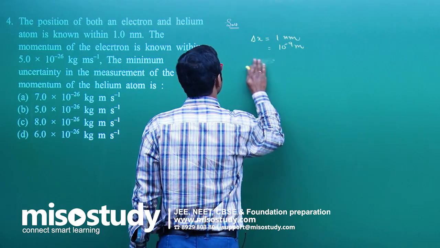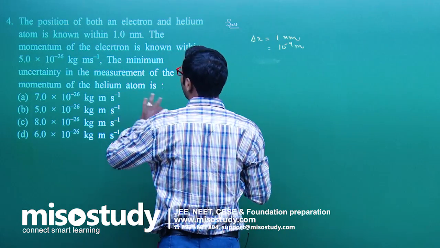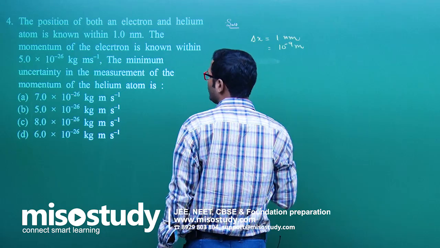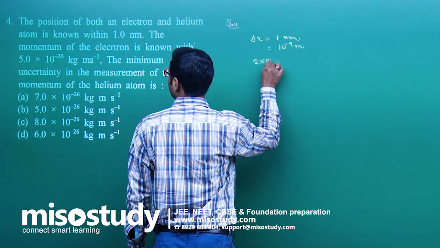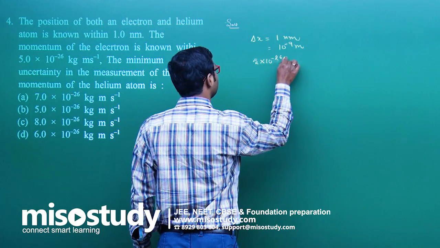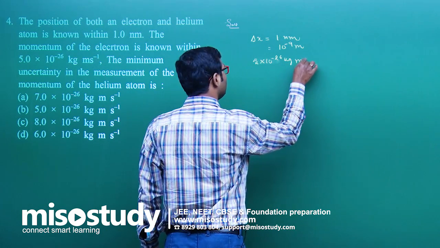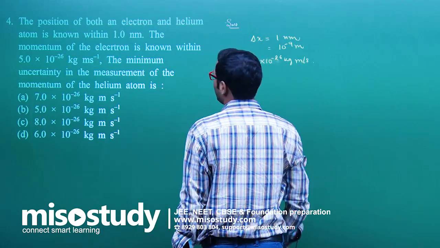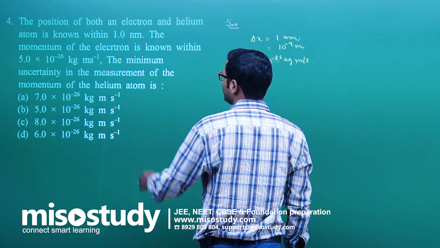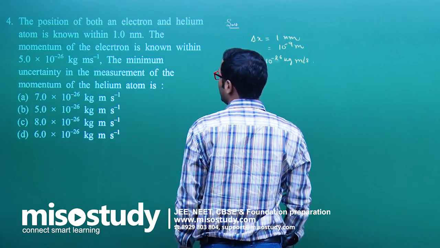It is given here the momentum of the electron is known to be 5 into 10 to the power minus 26 kg meter per second. Clear to you? Yes. The minimum uncertainty in the measurement of the momentum.